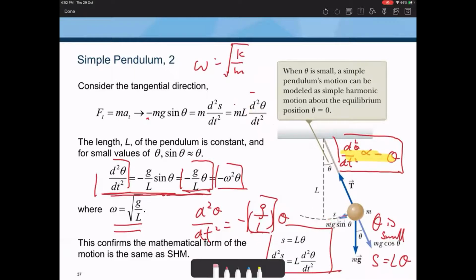It is the restoring force, mg sine theta, with a minus sign because this is the positive s, then mg sine theta points in the negative s direction. So from this, we work all the way to here and obtain omega squared equals g over L.